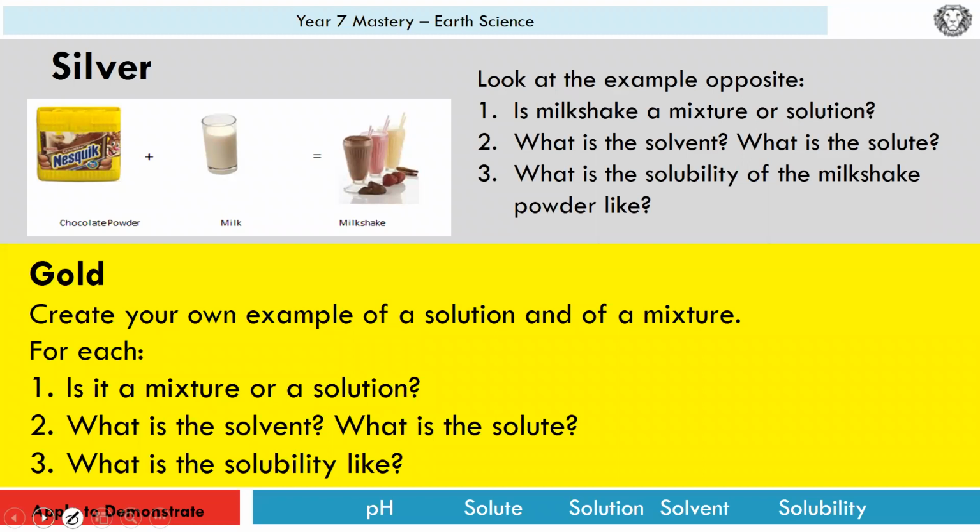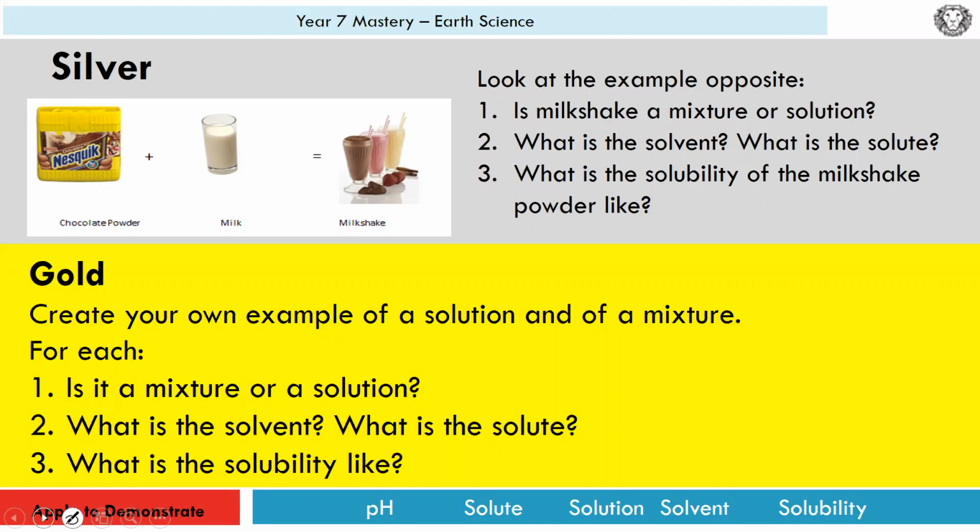Okay, so here you have your silver and your gold task. For those of you that have got silver and gold, what you need to do now is pause the video and carry out the activity. If you were doing silver, carry out the silver activity.